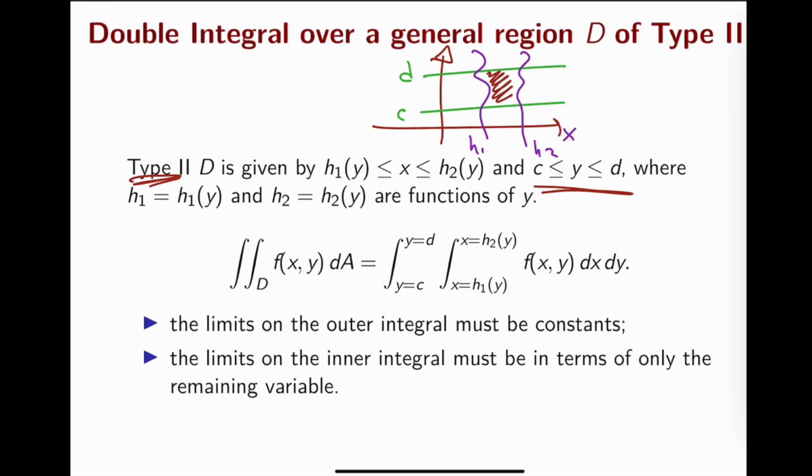When we have a domain given in this way, the outer integral is going to be the one of y, because it's the one that varies between two constants. So we do y as the outer integral, and the interior one is going to be the one that depends on the two functions.